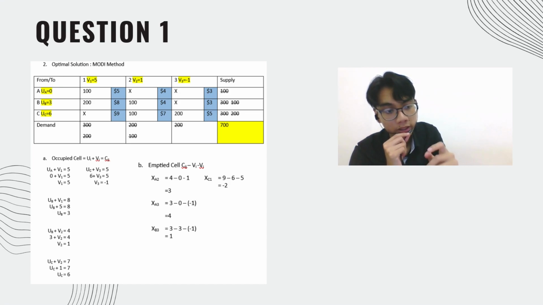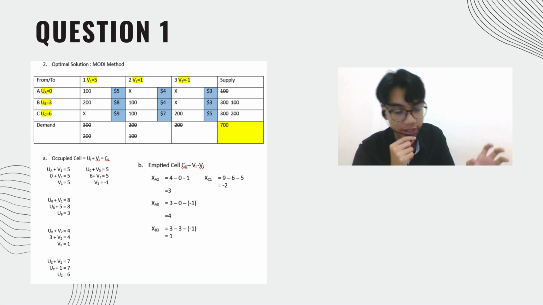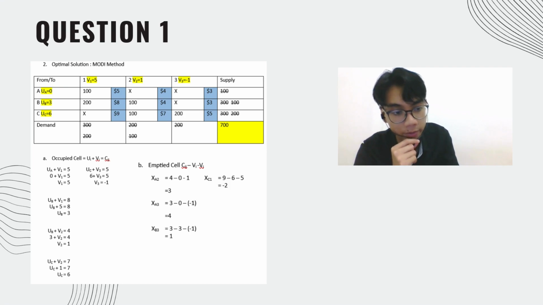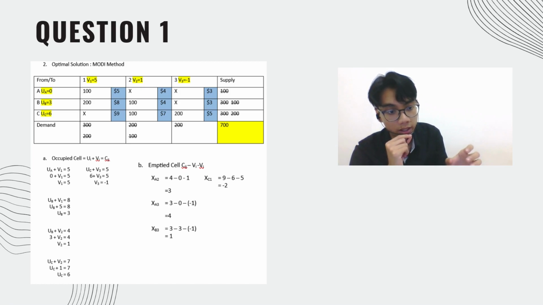So the formula would be UB plus 5 equals 8, and then UB equals 3, because 5 is transferred to the right hand side. So 8 subtract 5, we got 3. Next we need to find V2.